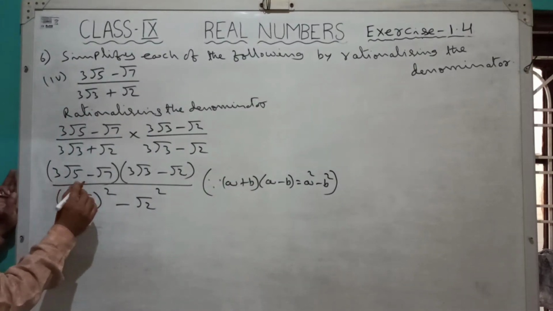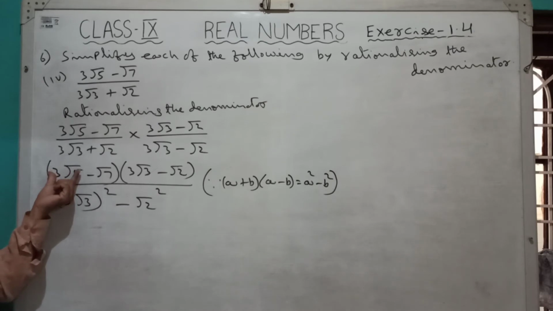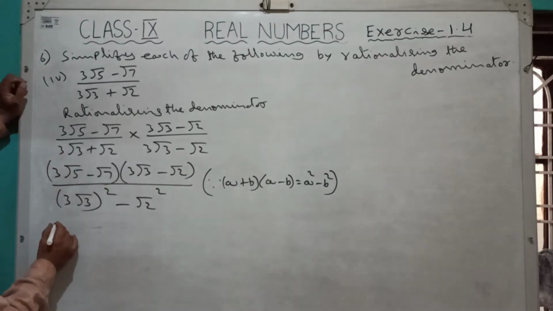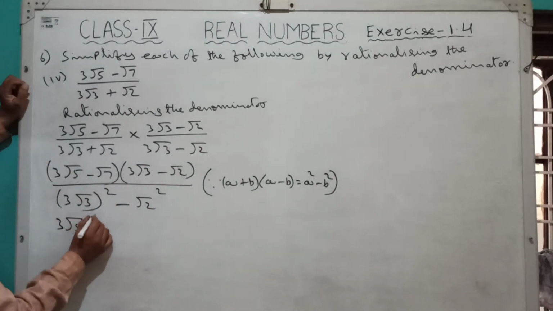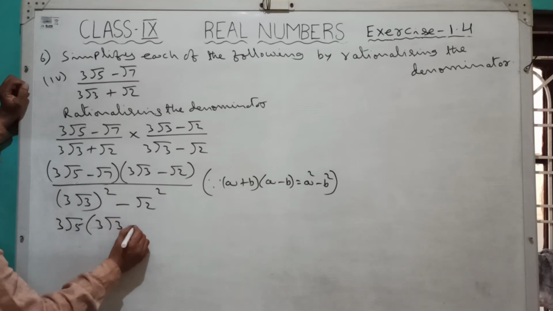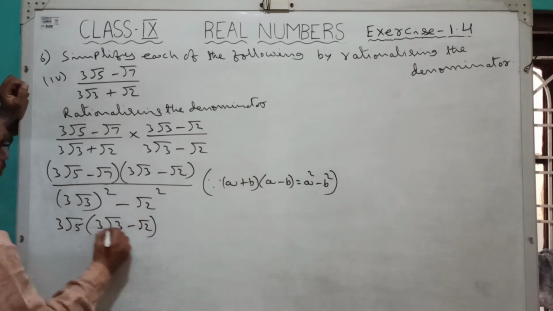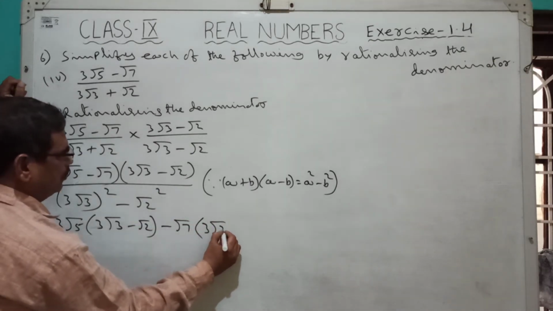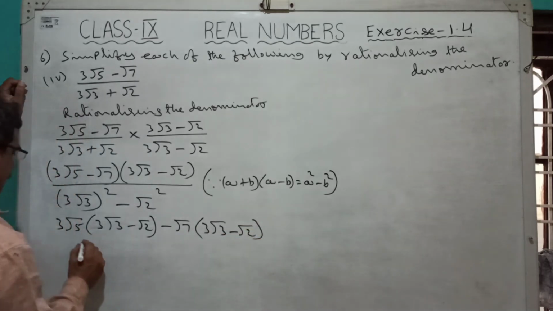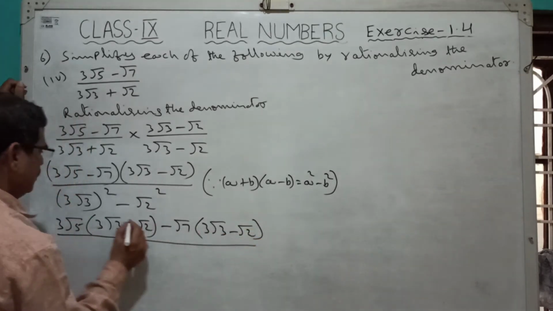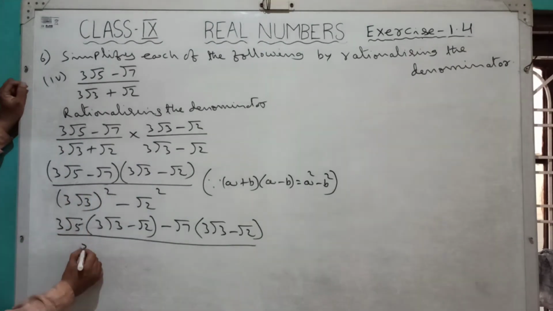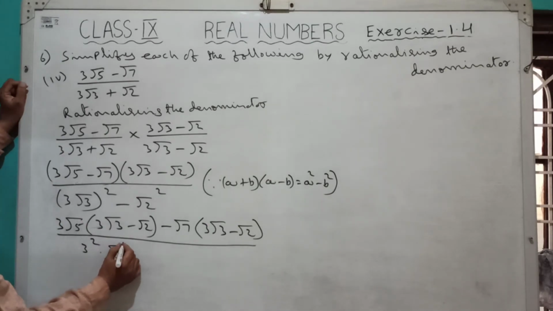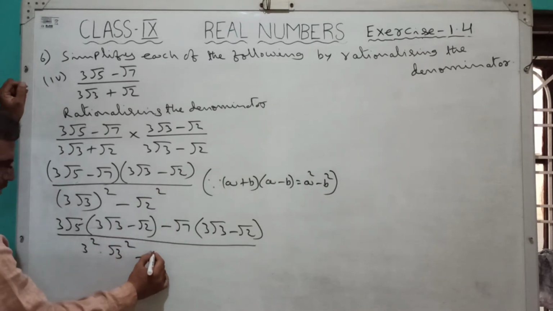So next step, first I have to multiply 3 root 5 into this one, after this number into this one. So 3 root 5 into 3 root 3 minus root 2 minus root 7 into 3 root 3 minus root 2, by 3 square into root 3 square minus, the square root will get cancelled, 2.